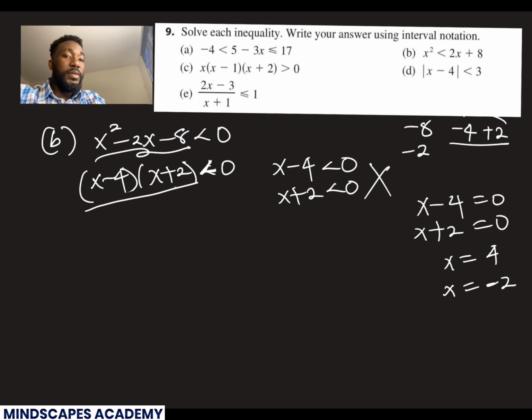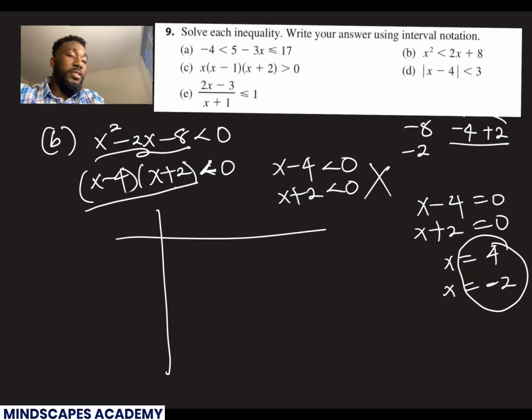So this is what you do. You check for the interval. Remember, you have to arrange the numbers in ascending order. So you have -2, then you have 4. Now you check the interval -infinity to -2. Then you check what is happening between -2 and 4.